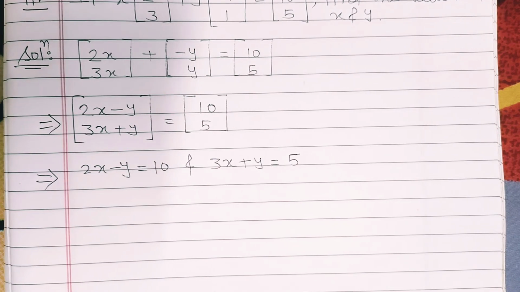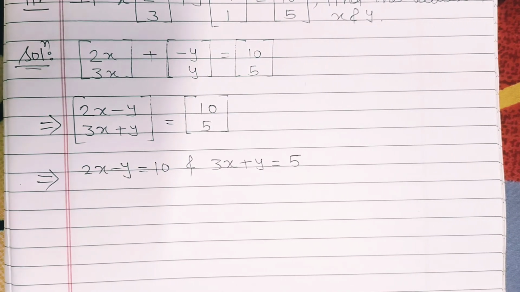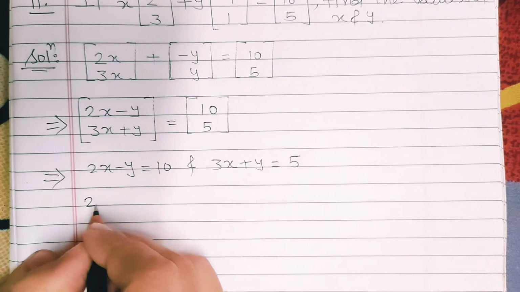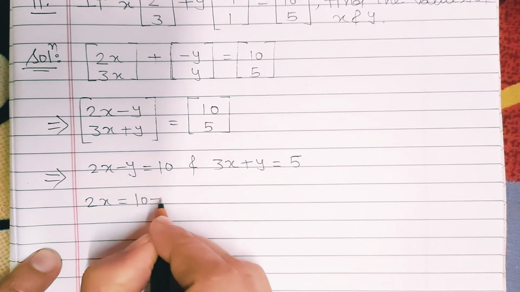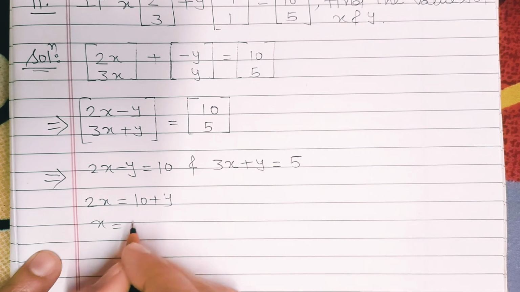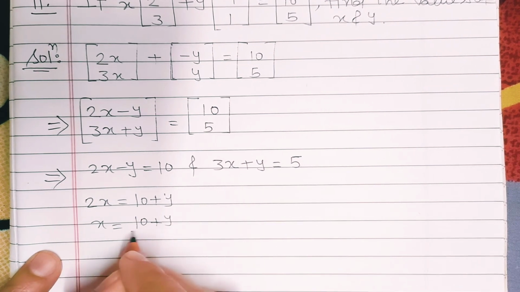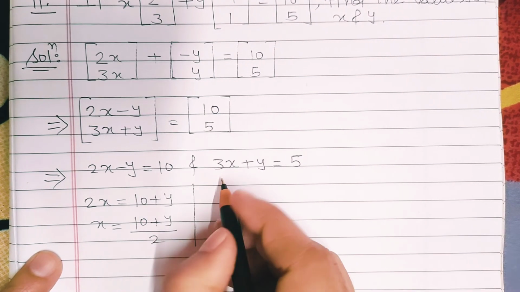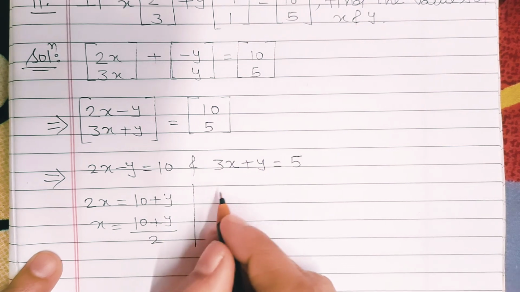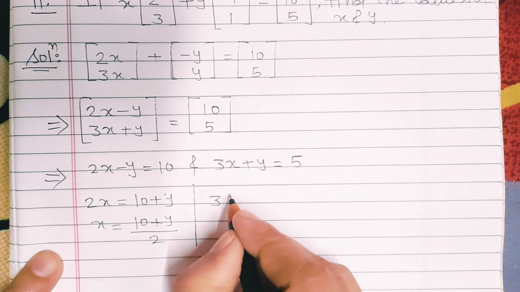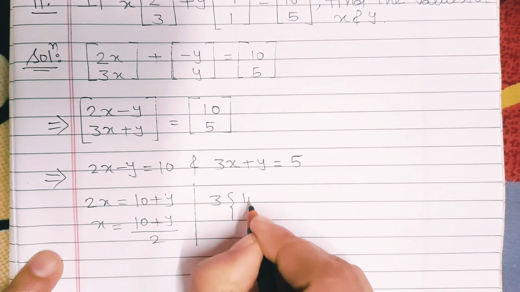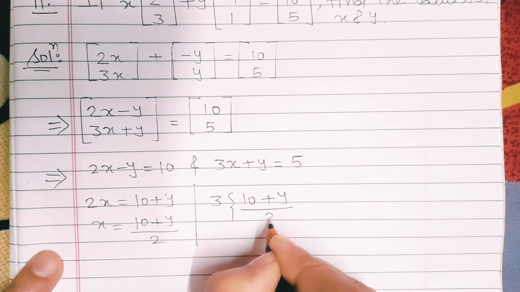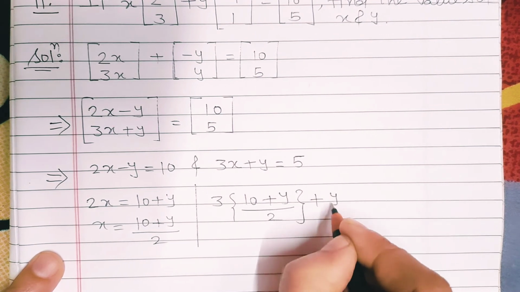Here we are just doing the method of substitution. So here 2x will be 10 plus y and x will be 10 plus y by 2. So here we are putting the value of x in this equation. So we are left with 3. What is x? X is nothing but 10 plus y divided by 2 plus y is equal to 5.